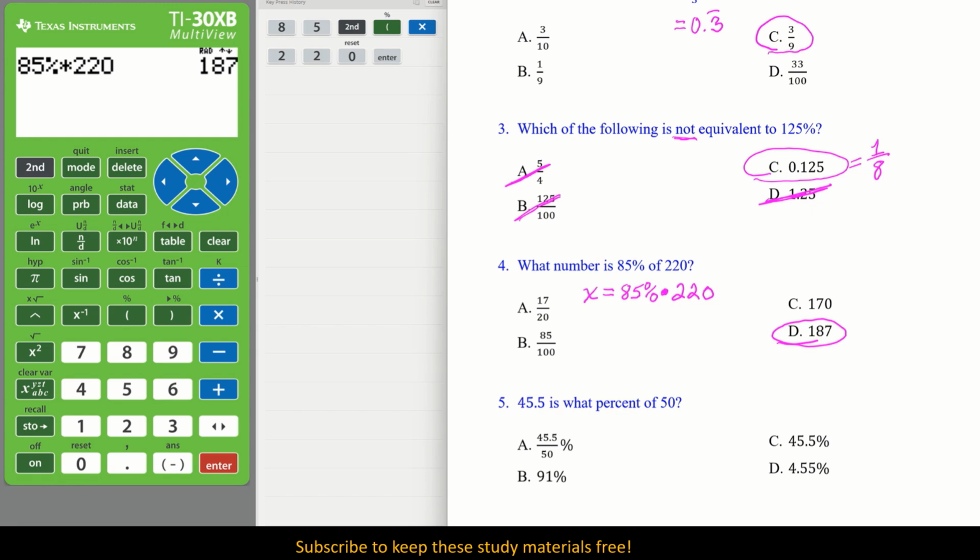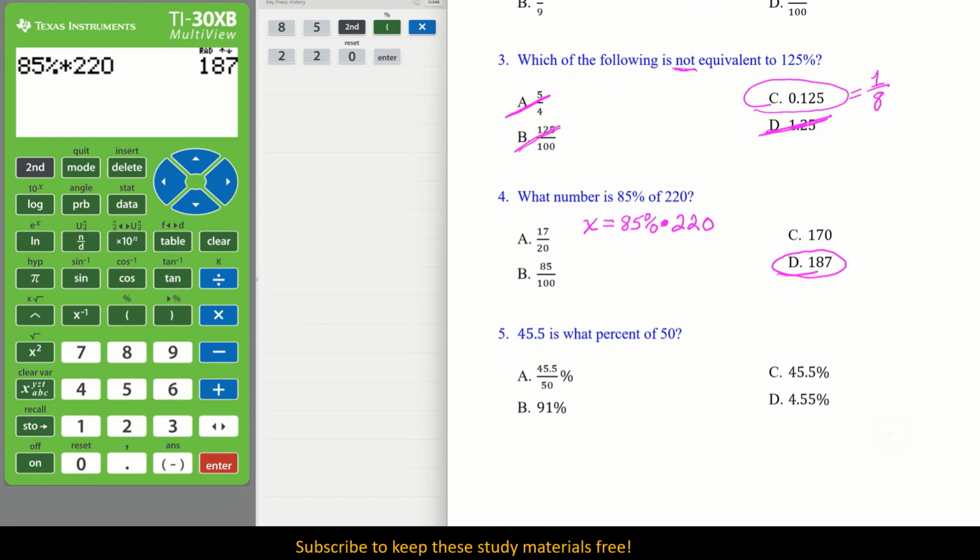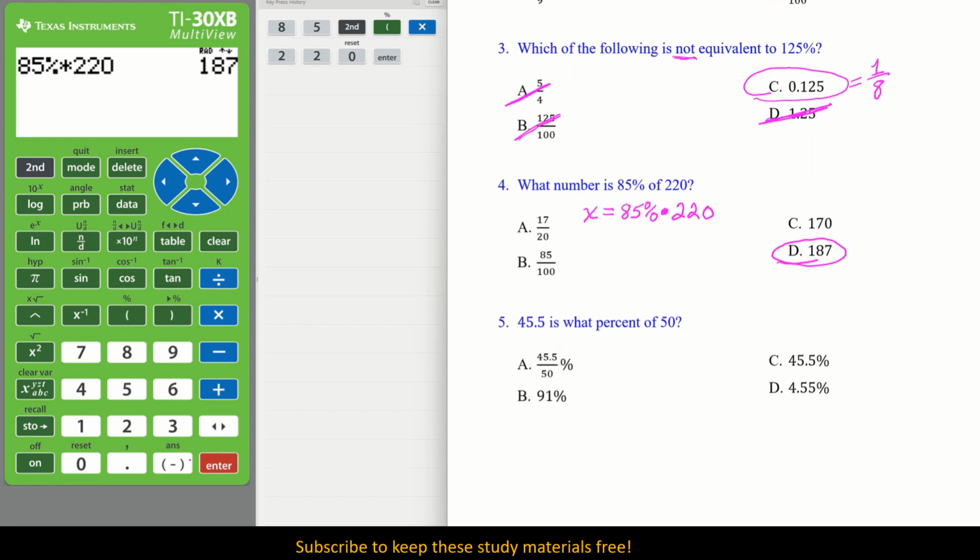All right. So let's go to number 5. Let's tackle this algebraically also, because I'm seeing "is." Okay. So let's write it down. 45.5 equals. Well, this says what percent?